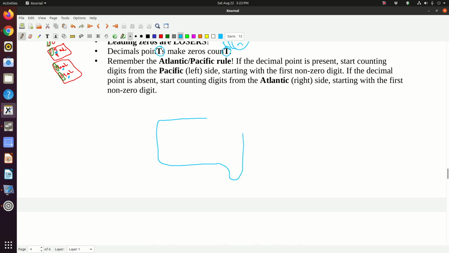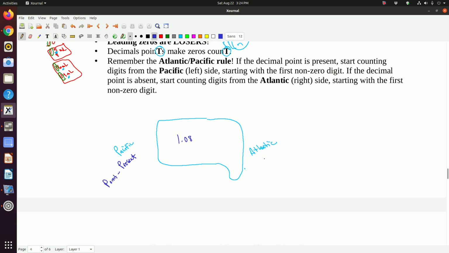This is the United States. And over here is the Atlantic. And over here is the Pacific. Okay? Now, how does it work? Well, I have a number like 1.08. For the Pacific, that means present, that the decimal point is present.